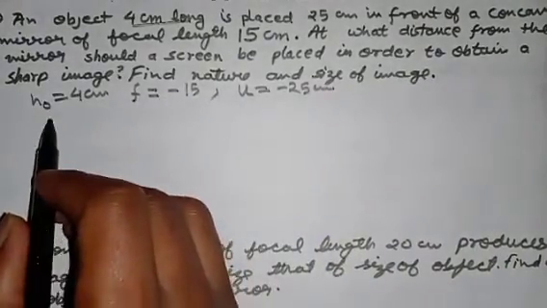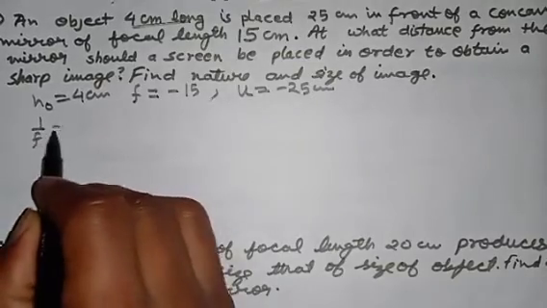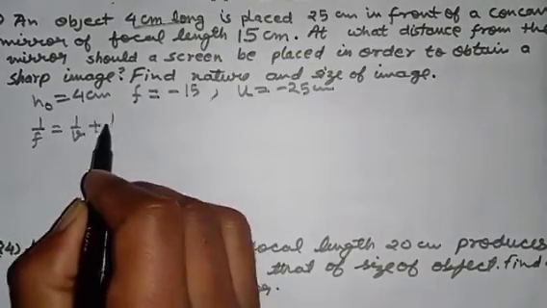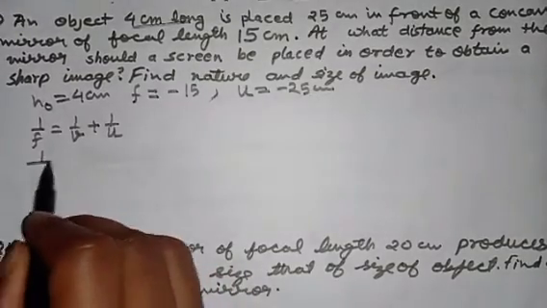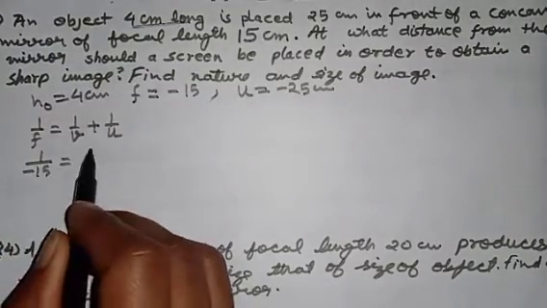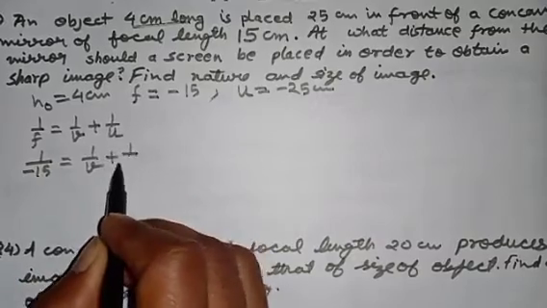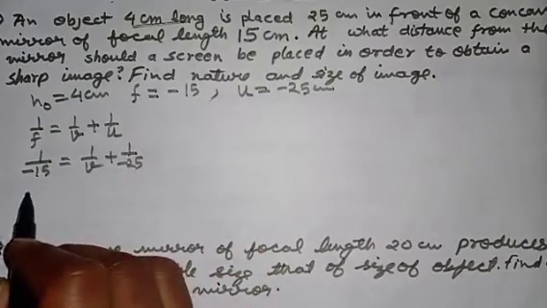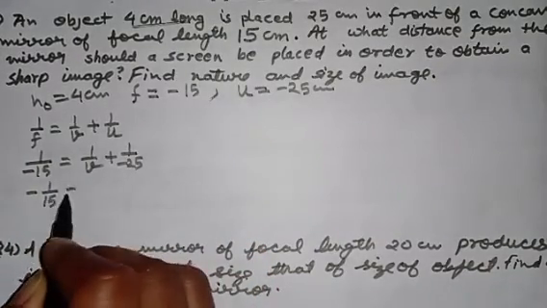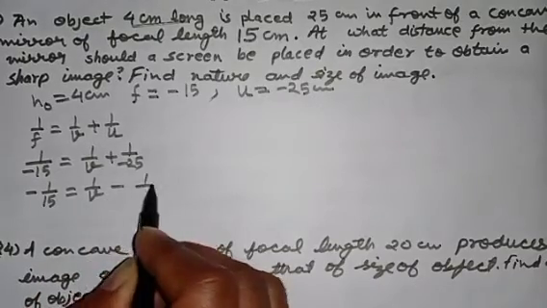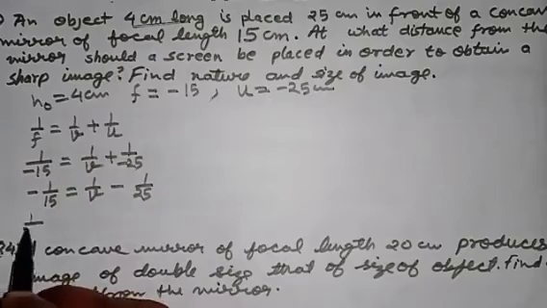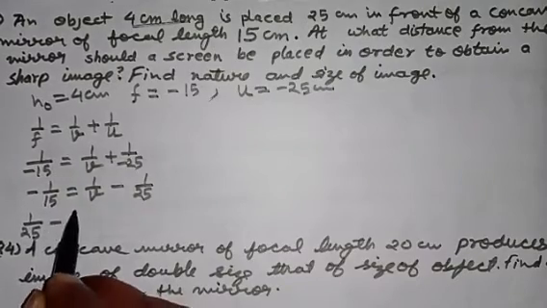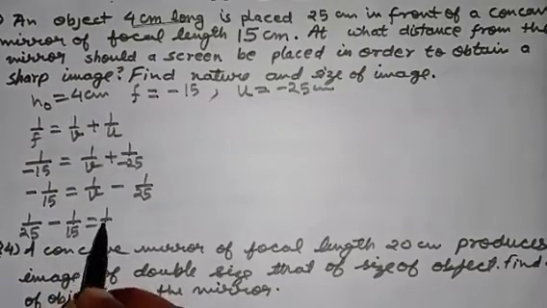Now we will put these values into the mirror formula, and remember the mirror formula has a plus in it. 1 upon minus 15 is equal to 1 upon v plus 1 upon minus 25, so minus 1 by 15 equal to 1 by v minus 1 by 25. We'll take it to the other side: 1 by 25 minus 1 by 15 equal to 1 by v.